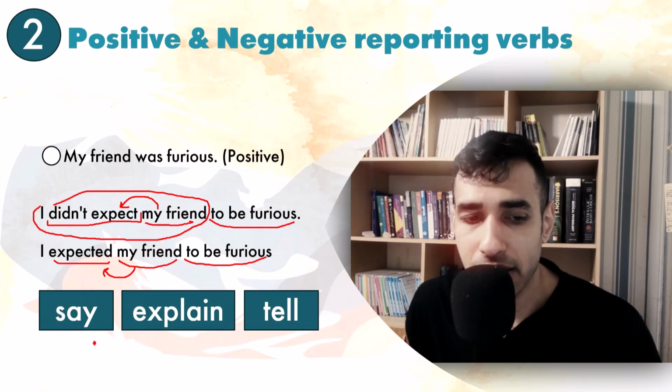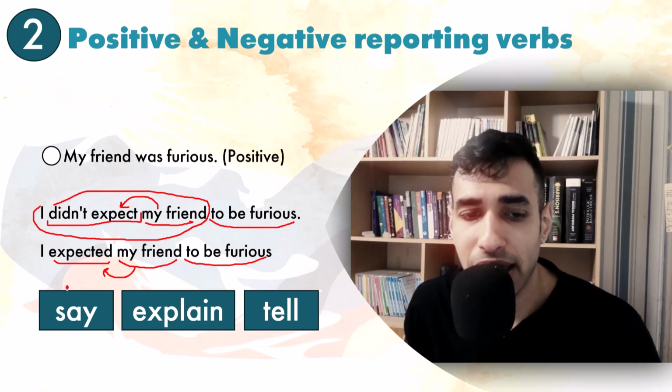With say, I didn't say that my friend has been furious. I said that my friend has been furious. The statement is positive. With explain, I didn't explain that my friend has been furious.